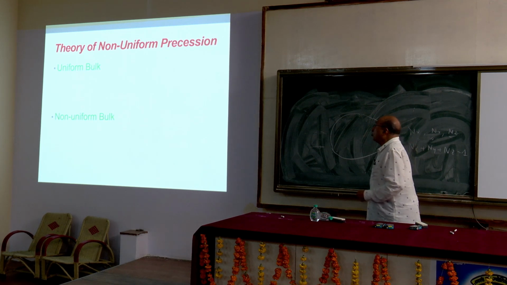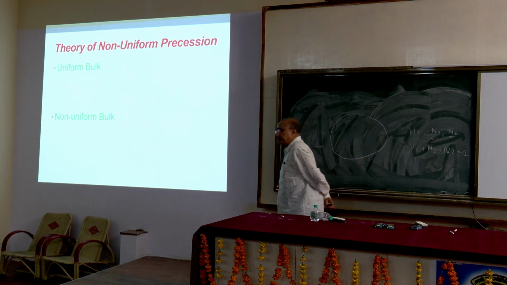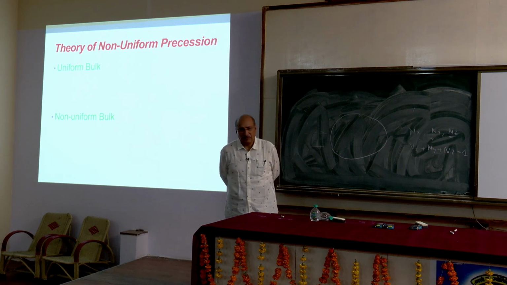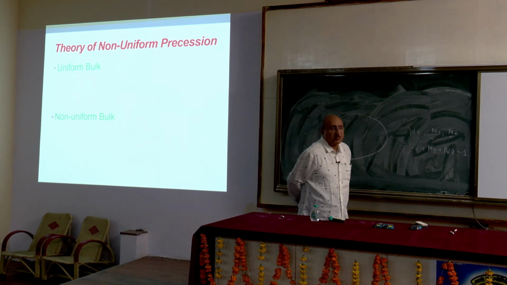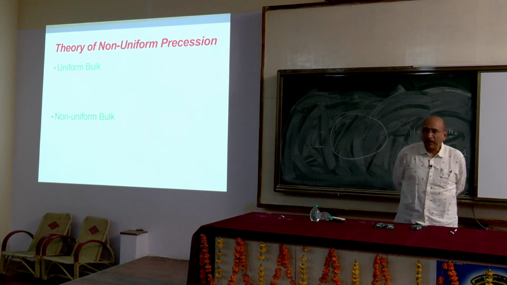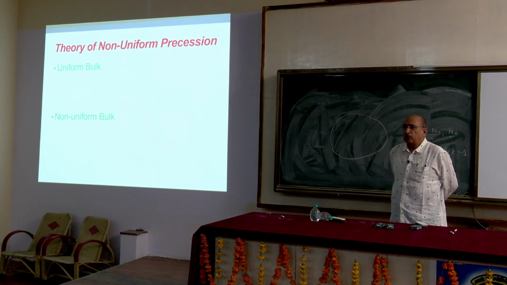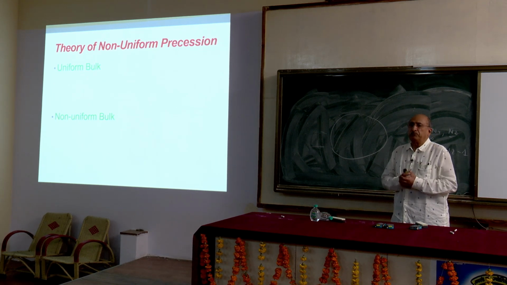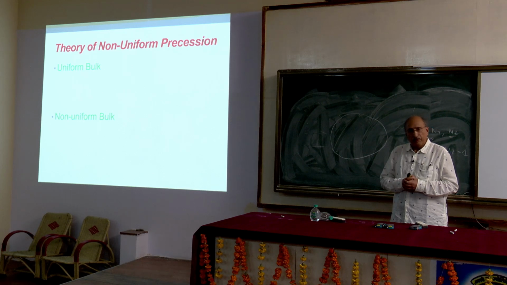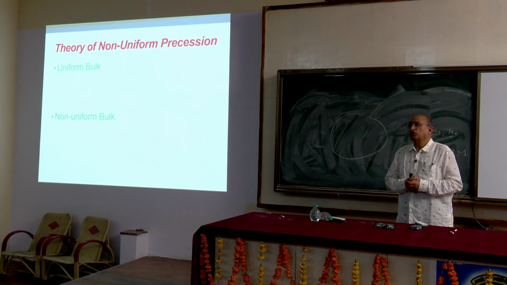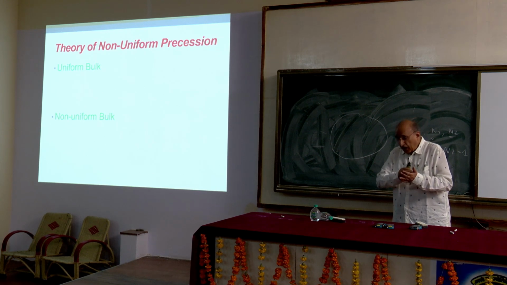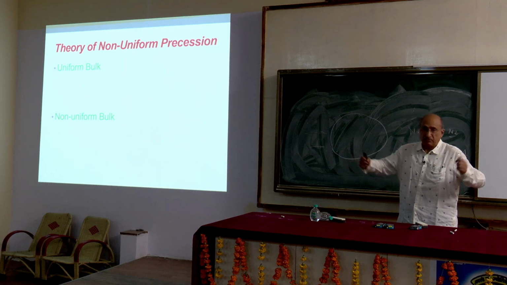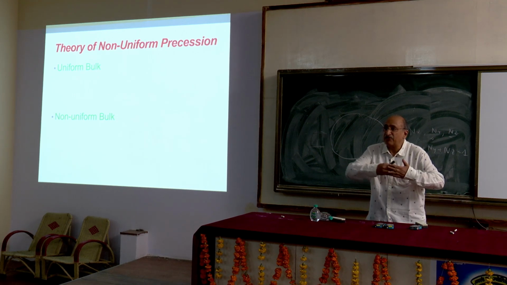So there are two types of non-uniform precession. There could be many types, but two, let's say, extremes. One is that your bulk itself is non-uniform, which can happen because of your deposition. Some particular ion has not been uniformly distributed. 4 pi Ms itself is a function of, let's say, z.